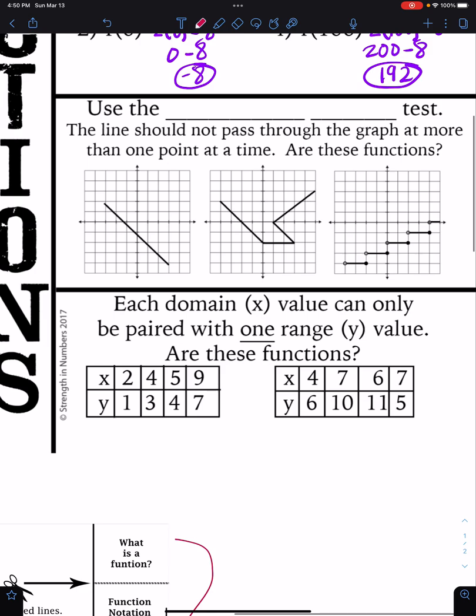We can use something called the vertical line test to see if the x's repeat. So let me see if I can make a vertical line and move it, if I remember how to do that. I think I just hold it down. Maybe because I ruined my Apple Pencil. There we go. Well, that's not a very straight line, but let's try one more time. Okay, so I think I can grab this maybe by touching the finger.